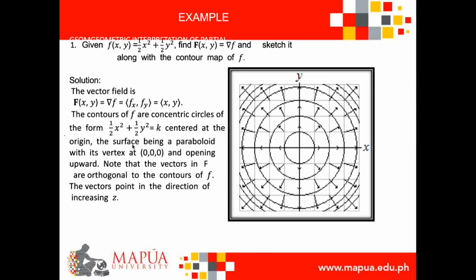Then we have the surface being a paraboloid with its vertex at 0, 0, 0 and opening upward. Take note that the vectors in F, the gradient vector field, are orthogonal to the contours of F, as you can see in the graph. We have here the vectors defined by the components of your vector field, xy. These vectors are orthogonal to the contours of F. The vectors point in the direction of increasing z.